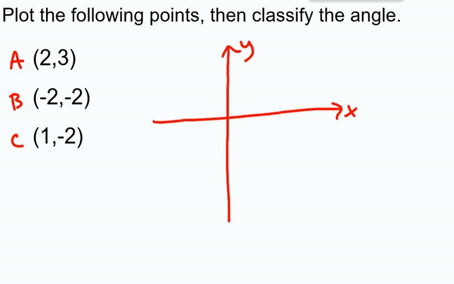So go ahead and plot those points. Pause the video while you're doing so, and then come back to me when you're finished. All right, so my points show me that I have an obtuse angle right here. So greater than 90, but not quite 180.